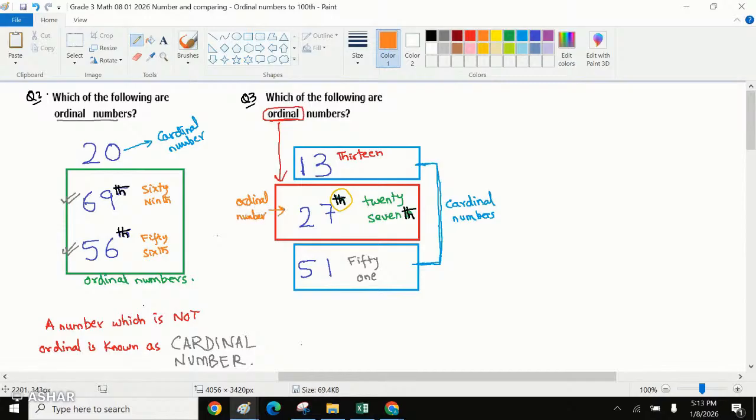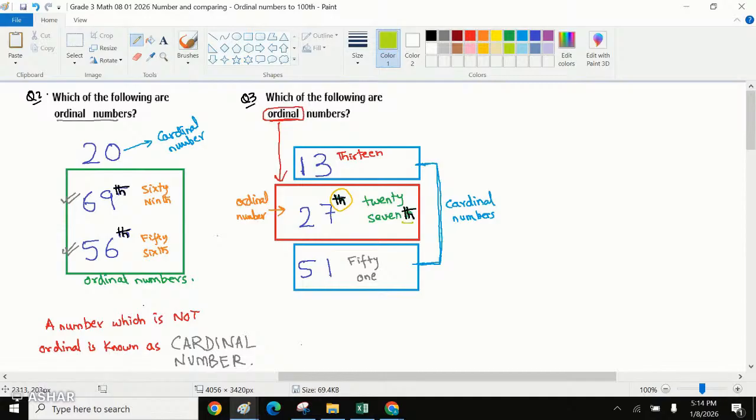Okay, do we agree now? The difference between an ordinal number and a cardinal number is that the ordinal number will follow the rule of st, nd, and th. It will have an abbreviation on top of it, and the name would also end with a th. This is 27th. I did not write 27, right?